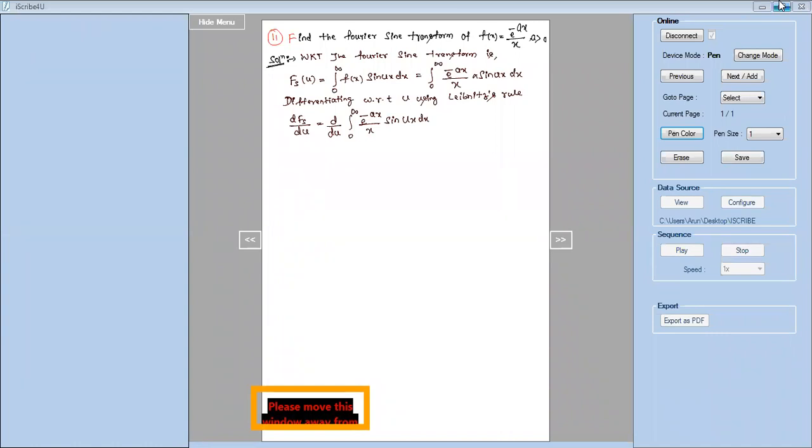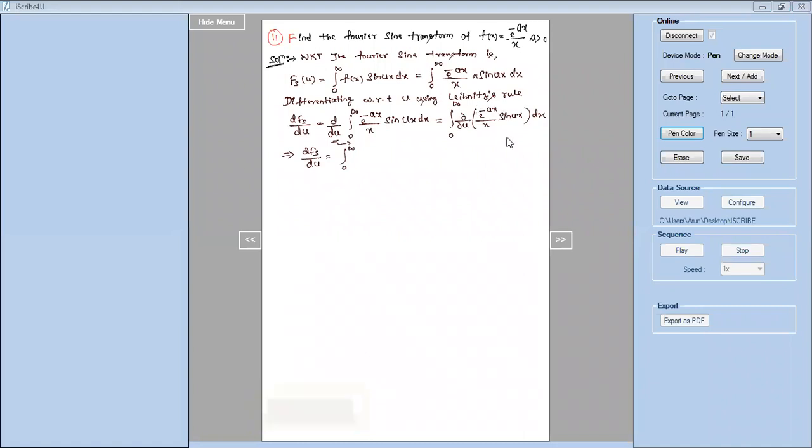Now when I apply the Leibniz rule on the right hand side, I can take the derivative inside. When I take it inside, the ordinary derivative d becomes the partial derivative. So I can write this as the integral from 0 to infinity of ∂/∂u of e^(-ax)/x into sin(ux) dx. I'm just differentiating partially. This implies dFs/du equals the integral from 0 to infinity.